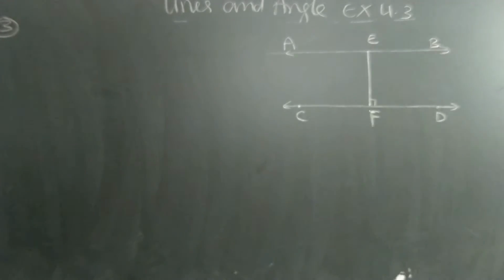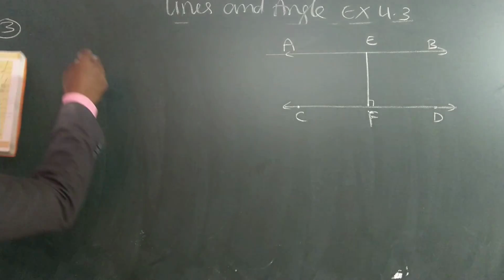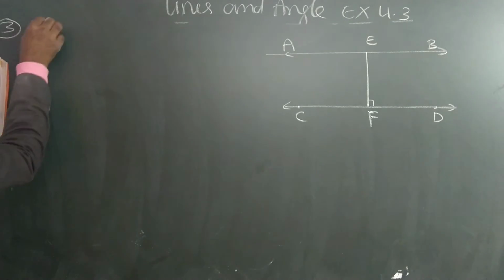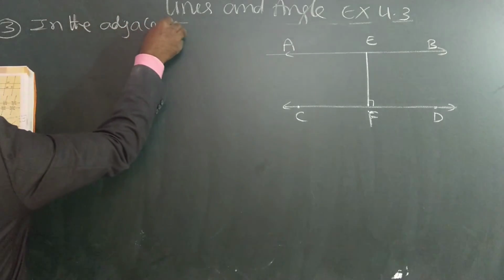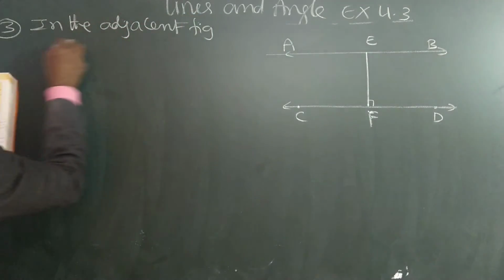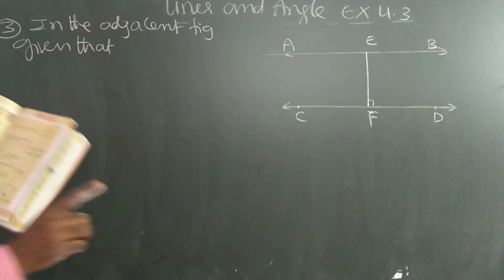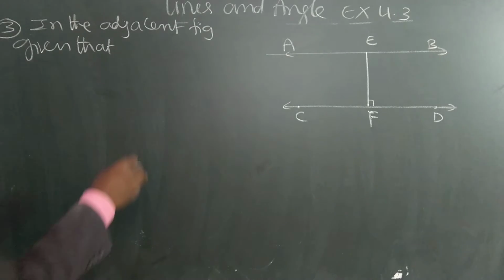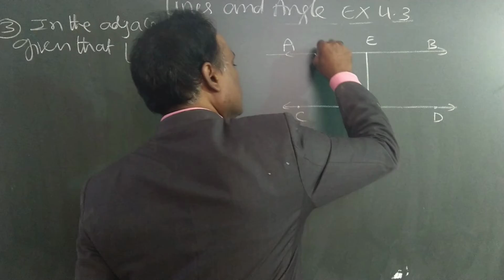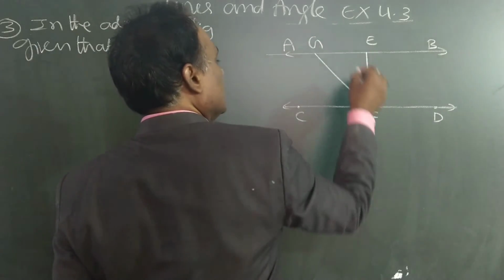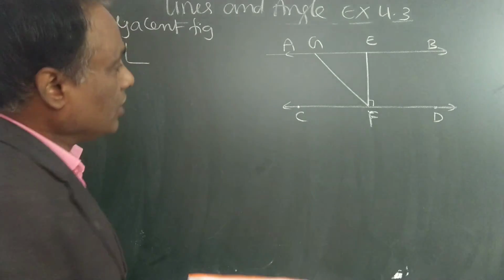Next. So see here, in the adjacent figure, given that, what is given data I am writing? See, some angles are given. Angle GED is given.